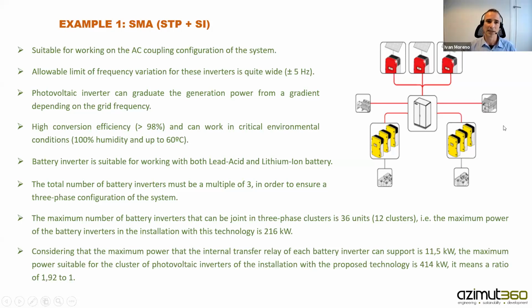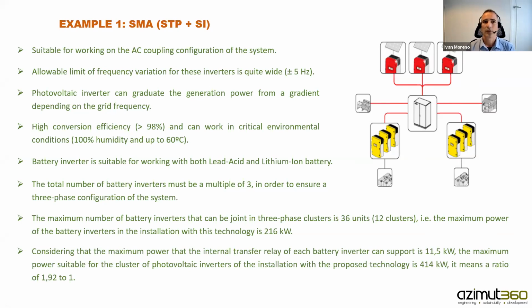Well, here we can see an example of an SMA multi-cluster system, which is PV photovoltaics together with battery inverters and connections to the load and also to an auxiliary source.